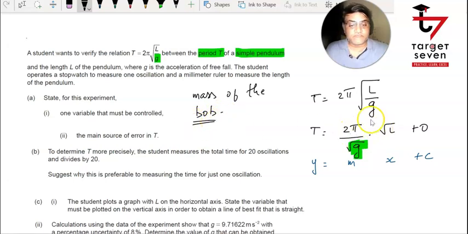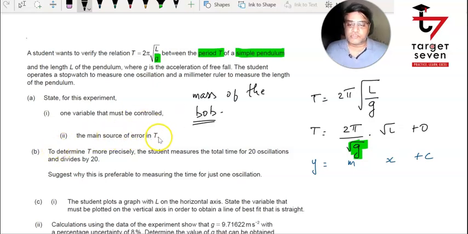Even though that is not specified in this particular equation, it is always a better idea to keep the mass of the bob and the surface area of the bob constant, so that the air resistance and any other factor that might affect the value of the time period might still remain constant.